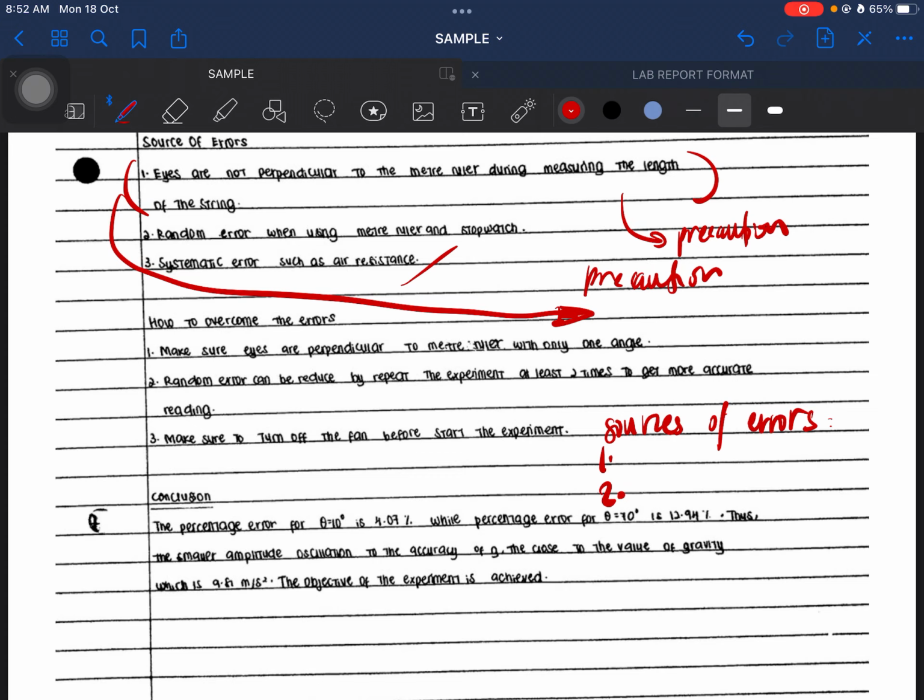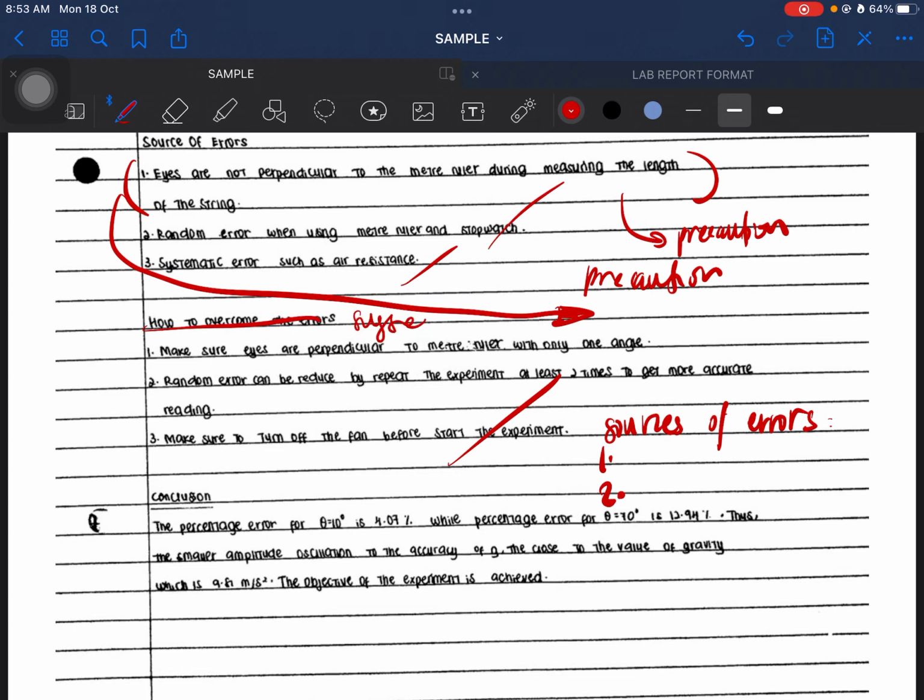So you can write it that way. And for the random error, that one is this. This is already accepted. How to overcome the errors is the suggestion.